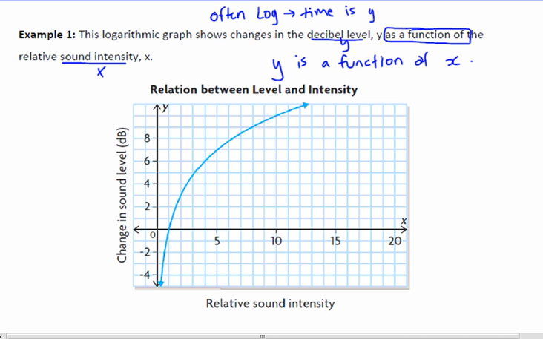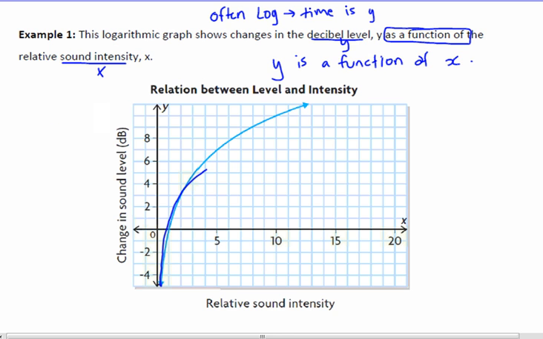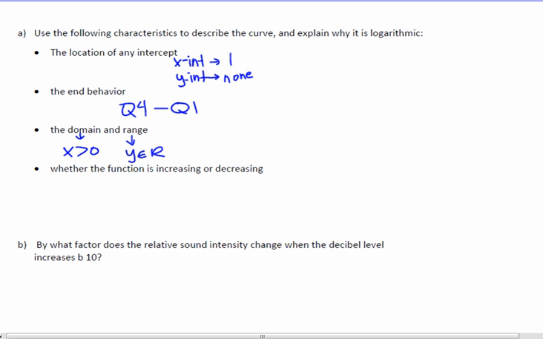So it starts off at quadrant 4, and as we move to the right, it goes to quadrant 1. Domain, what's the domain of this function? x is greater than 0. Range, all real numbers. And is this an increasing or decreasing function? Is it uphill or downhill? Uphill, so therefore it is increasing.